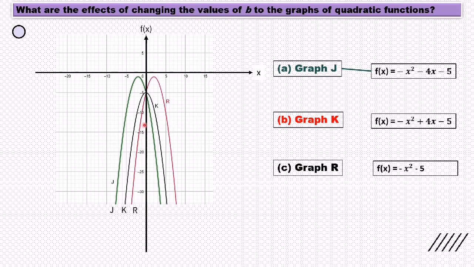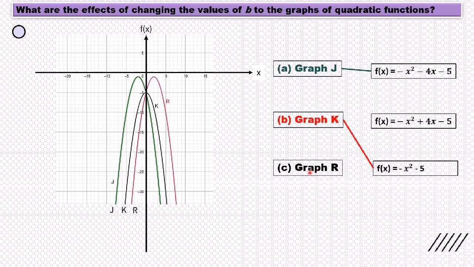Now we look at graph K. The axis of symmetry is the y-axis, which means b equals 0. So for this function, f(x) equals negative x squared minus 5, b equals 0.